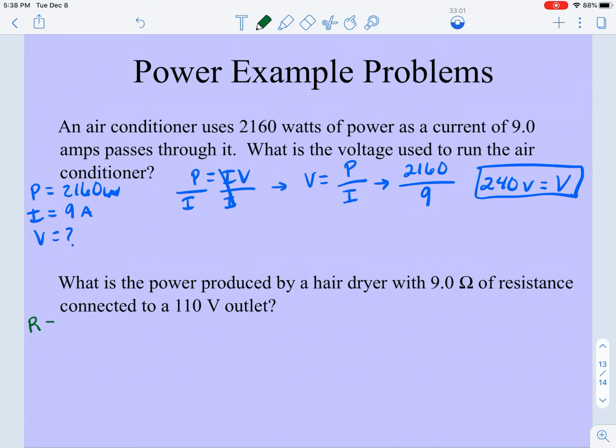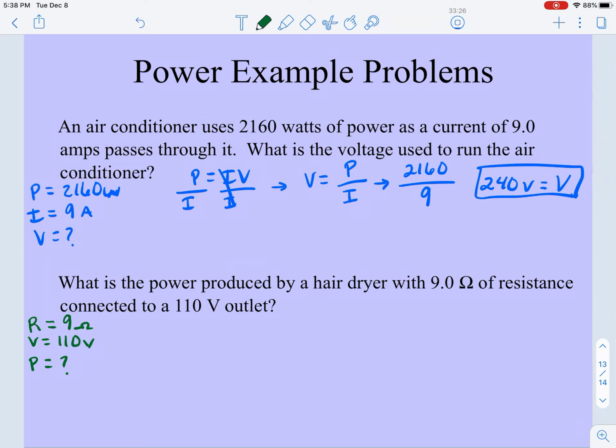All right, the next question, what is the power produced by a hairdryer with 9 ohms of resistance connected to a 110 volt outlet? In this question, they give us a resistance of 9 ohms. They give us voltage as 110 volts, and they are asking me for my power.